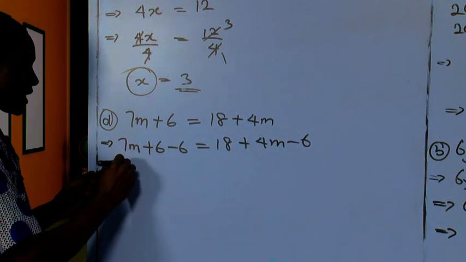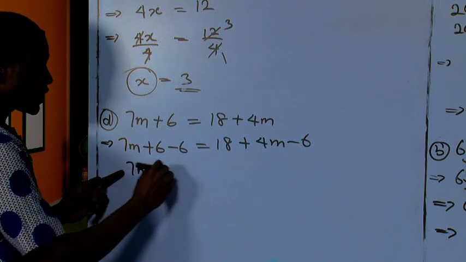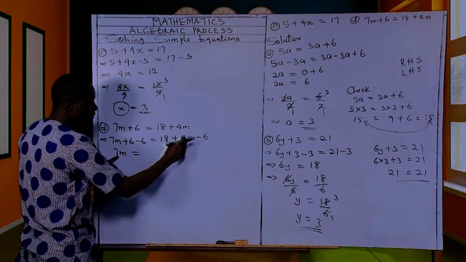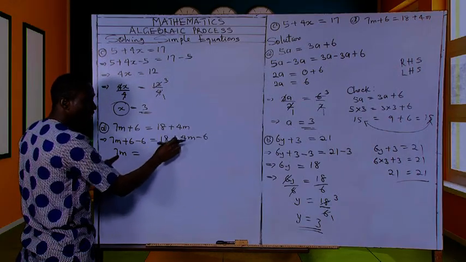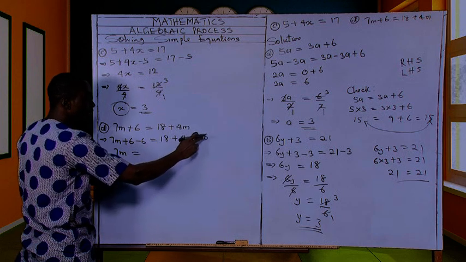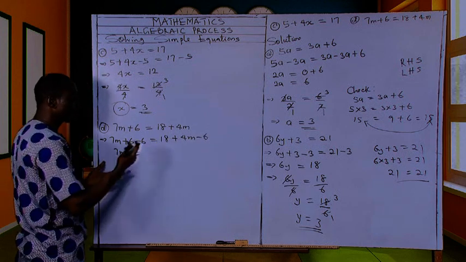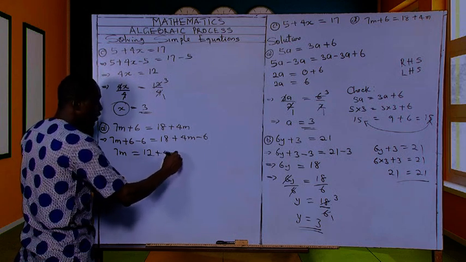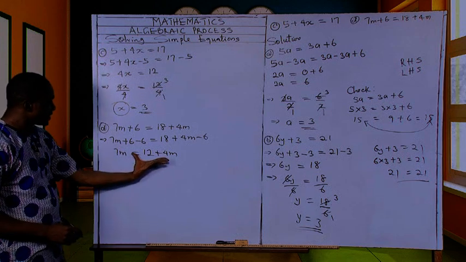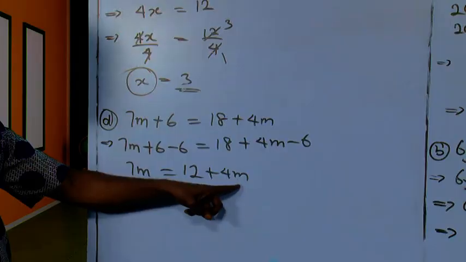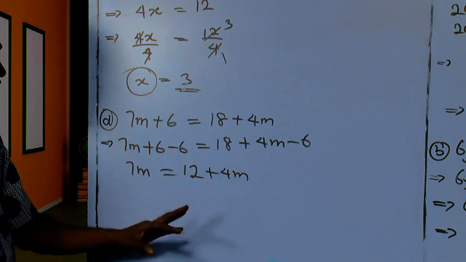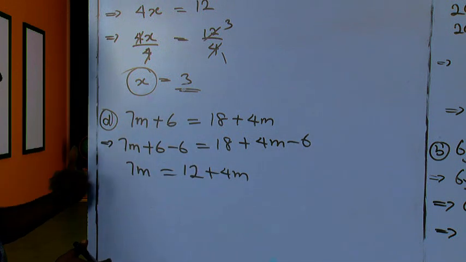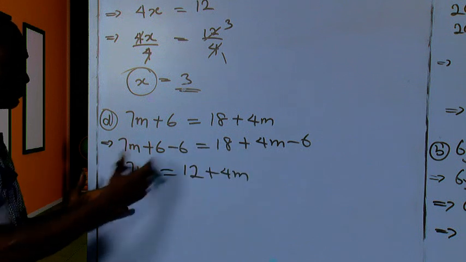So we are going to have 7m equals 18 minus 6, which can be added together because they are numerical values without the letter. 18 minus 6 will give us 12, plus 4m. Now with this, 4m here is a non-absolute term and is positioned in the wrong place. It's supposed to be at the left hand side. So what do we do to let it be here?